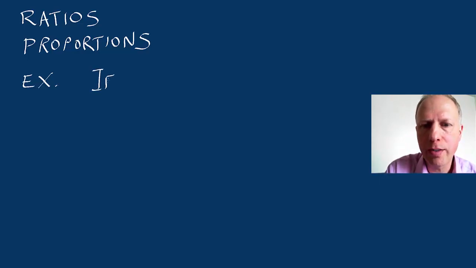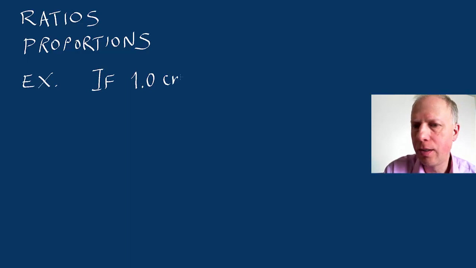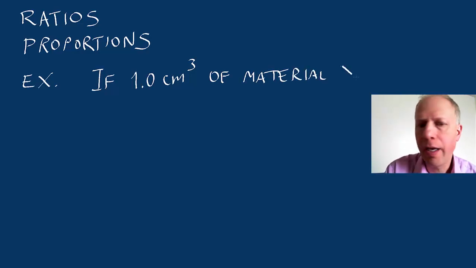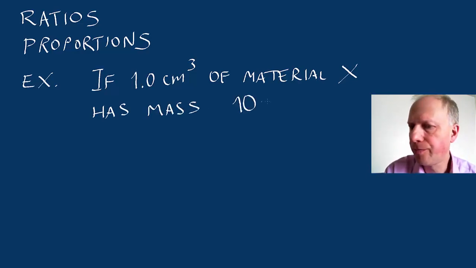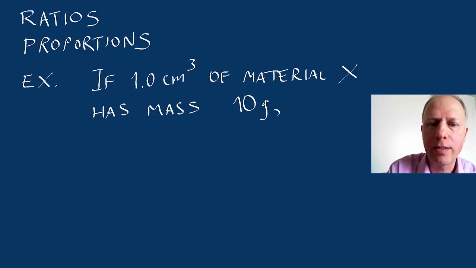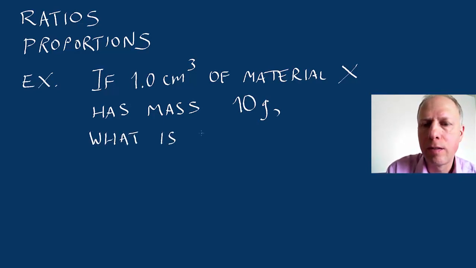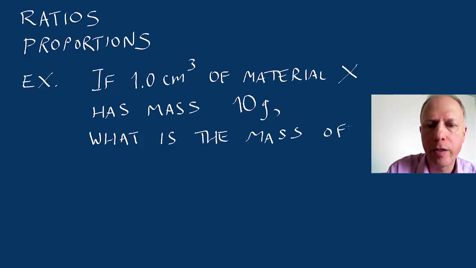If 1.0 cubic centimeters of material X has a mass of 10 grams, what is the mass of 3.0 cubic centimeters of material X?